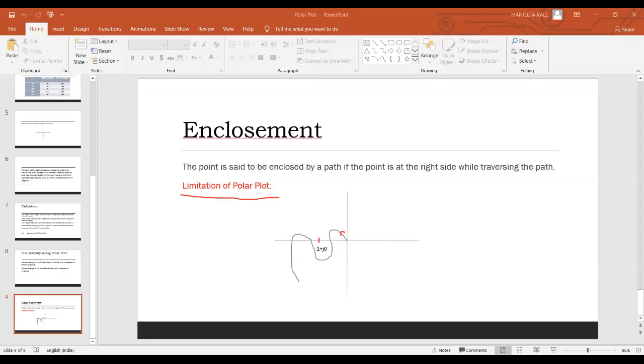Then we revisited the definitions of gain margin, phase margin, gain crossover and phase crossover. We also saw how to locate omega GC and omega PC on a polar plot. Omega GC is the point of intersection between the unit circle and the polar plot, and omega PC is the point of intersection of the polar plot with the negative real axis.